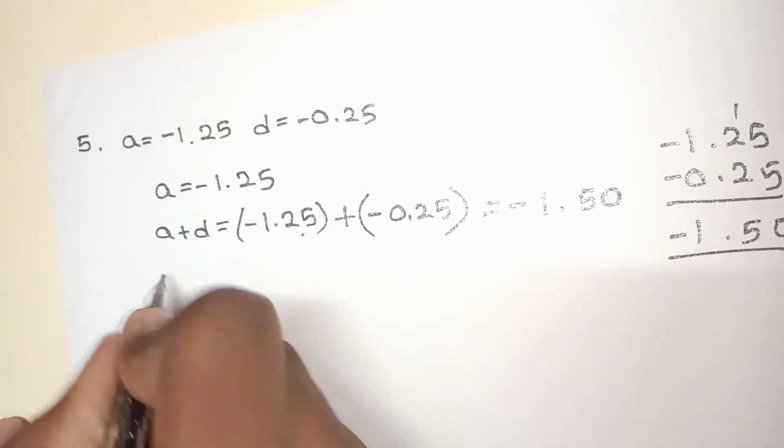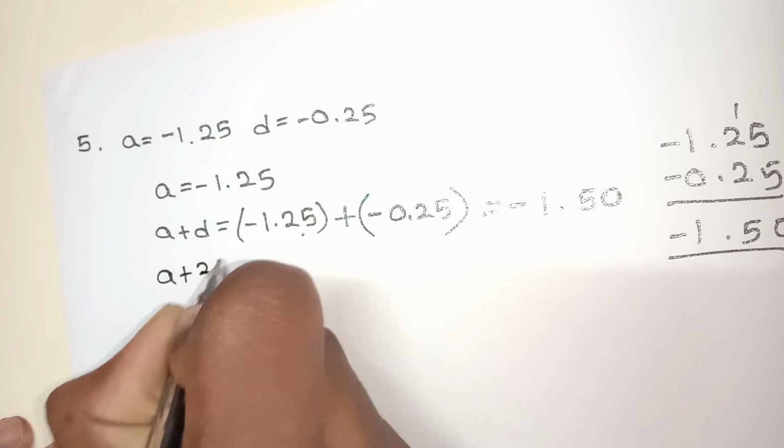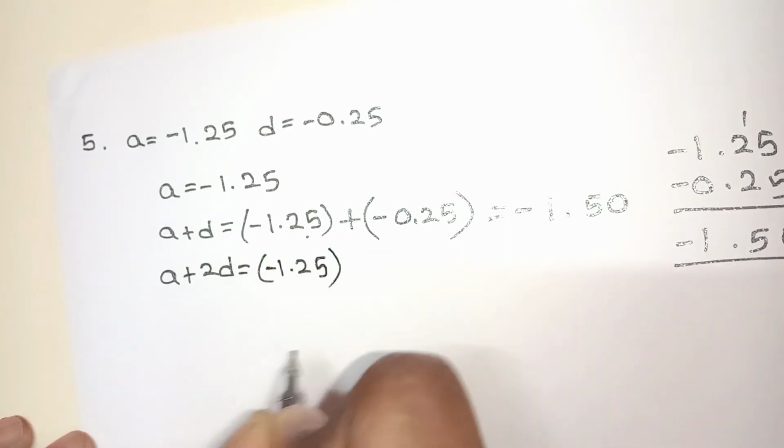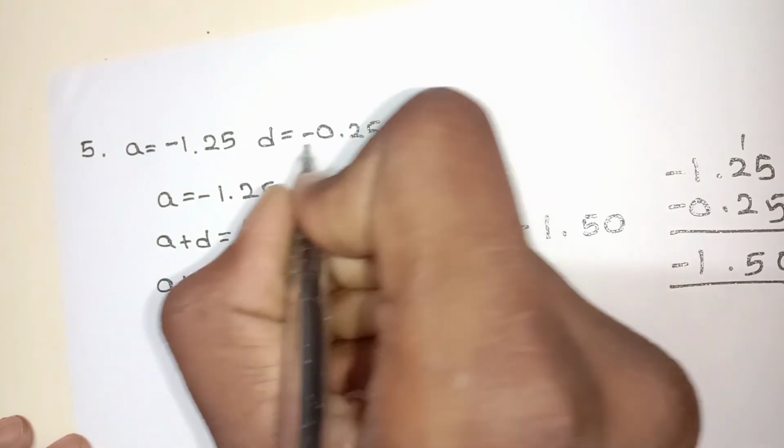Okay, next one, a plus 2d, that is given minus 1.25 as a first term, and 2 times the common difference, minus 0.25.